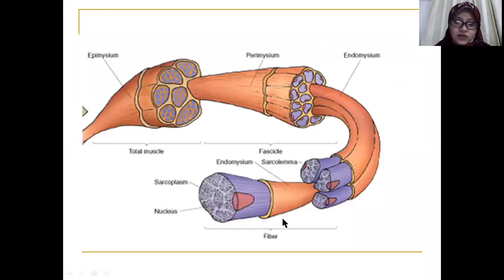In this figure, we can see a muscle fiber which is surrounded by endomysium, and some muscle fibers collectively known as a fascicle, which is surrounded by perimysium, and some fascicles form the whole muscle or total muscle that is surrounded by epimysium.